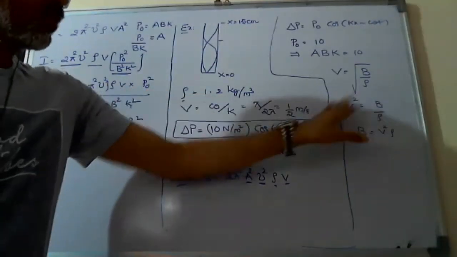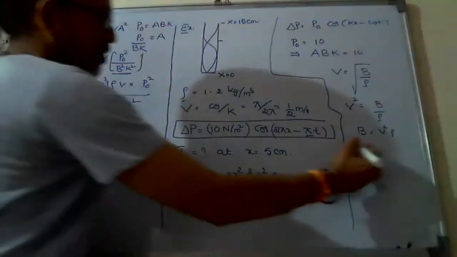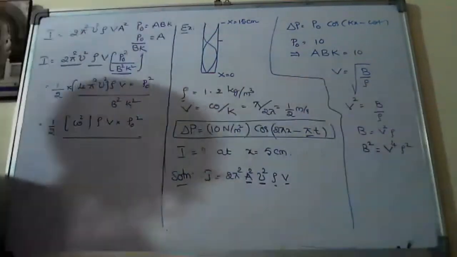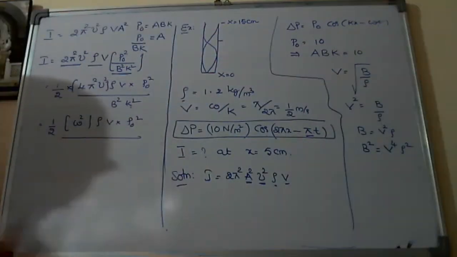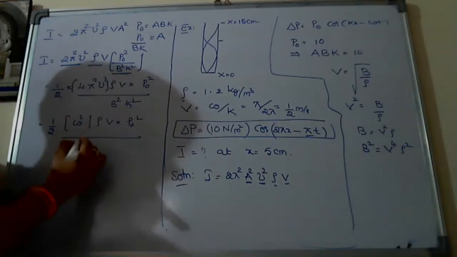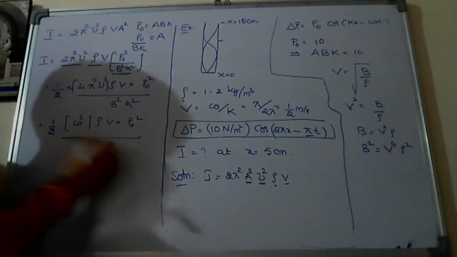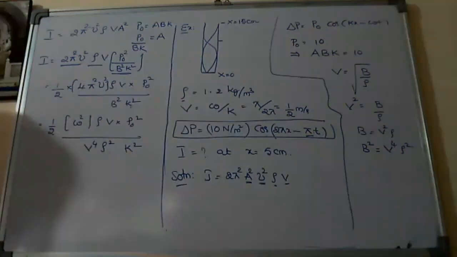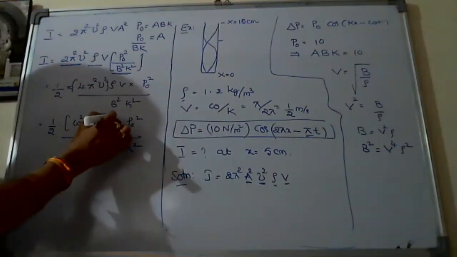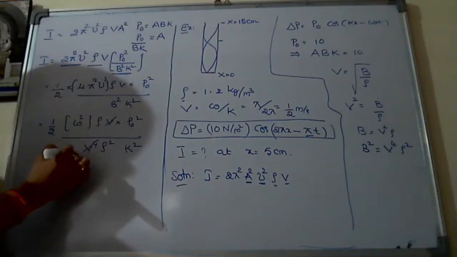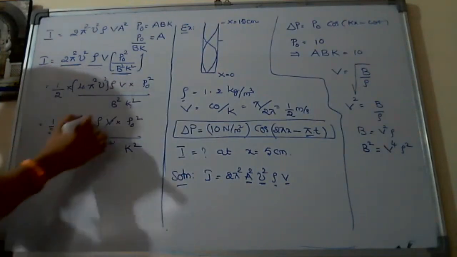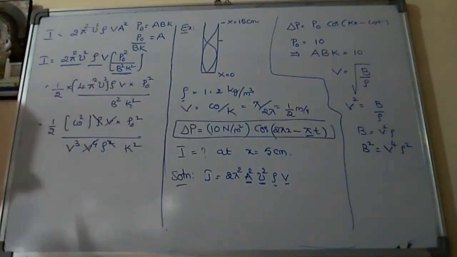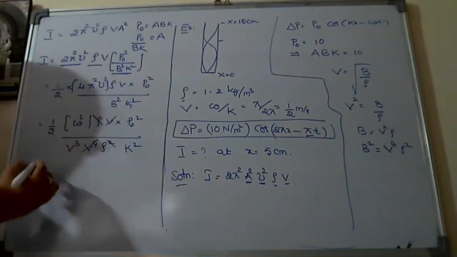So squaring again this equation, I will get v power 4 into rho square, that I am going to substitute here. v power 4 into rho square into K square. Then if you cancel, one v gets cancelled, it becomes v cube. And one rho gets cancelled, it will become rho, by cancelling a few terms here.